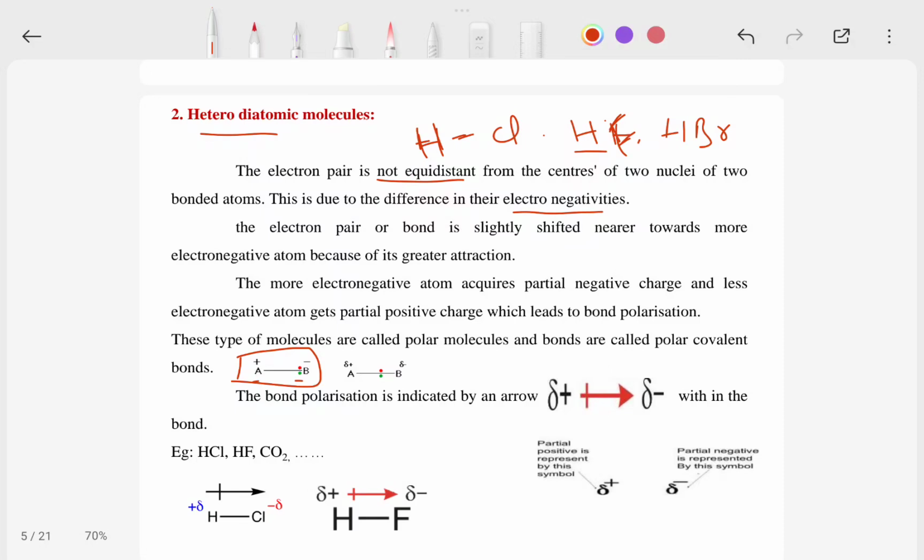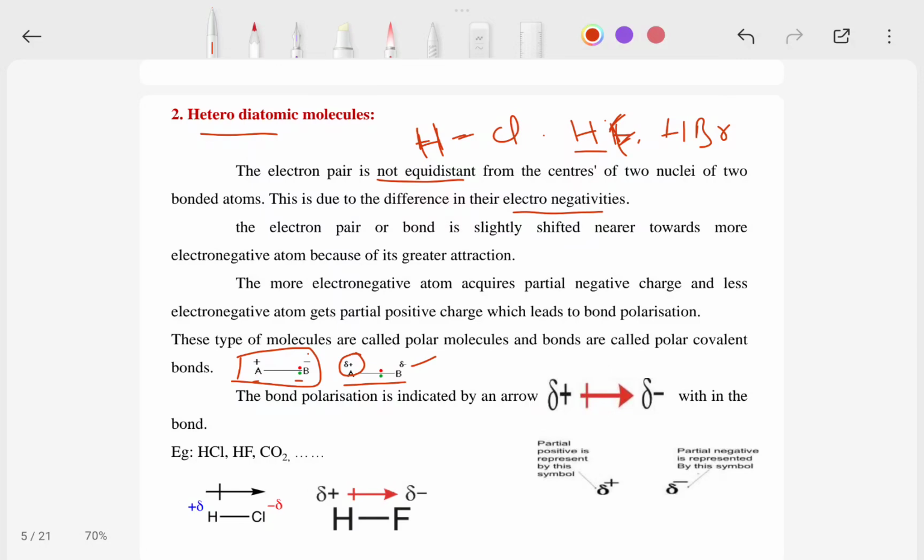Here the more electronegative atom B attracts the bond pair electrons towards the B side. That's why B has a partial negative charge, and A has a partial positive charge. That means the more electronegative atom acquires partial negative charge and the less electronegative atom gets partial positive charge, which leads to bond polarization.